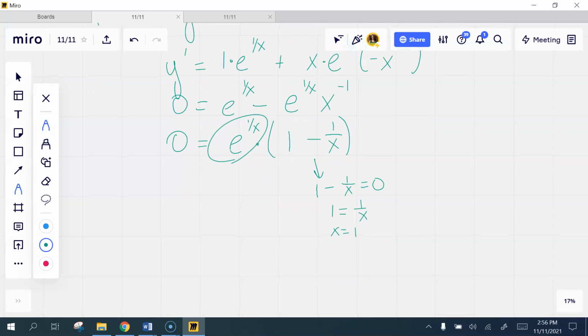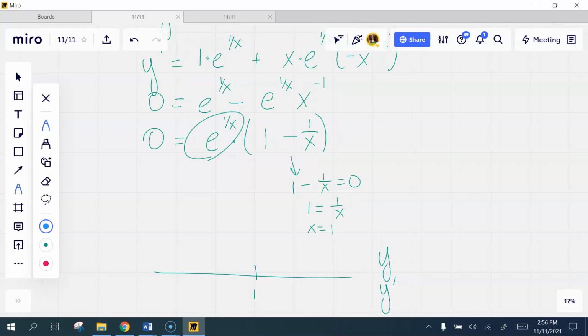Now, as you look at this one, I'm thinking about my sign analysis here, and I am going to put a 1 on it, but here's where you have to stop and think also. I need to think about any points where my derivative is undefined.